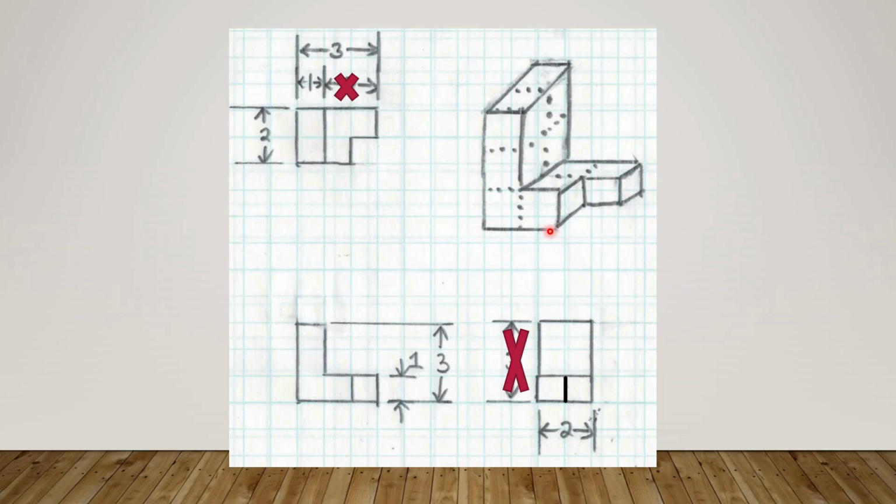So, for example, as I look on this view here, I want to draw your attention to this lip here. So the distance from this point here to this point here is 1 square. But if we look at what it's referring to on the front view, it doesn't indicate that the distance from here to here is 1 square.